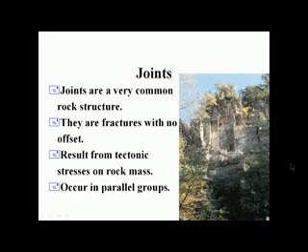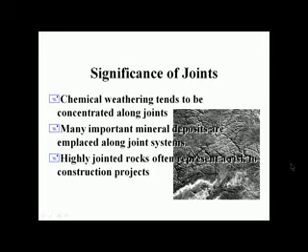Joints. Joints are a very common rock structure. They are fractures with no offset, result from tectonic stresses in the rock mass, and occur in parallel groups. Significance of joints: chemical weathering tends to be concentrated along joints.